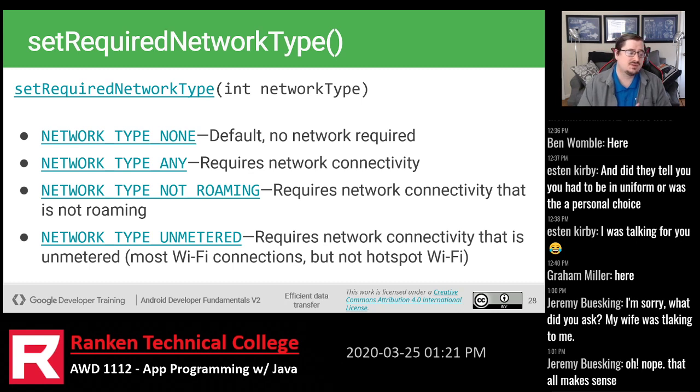Unmetered is typically a Wi-Fi connection, but more specifically, it means a Wi-Fi connection that isn't charged or billed. It's not billed per usage. So that would be your home Wi-Fi network, but not a hotspot Wi-Fi. If you're running off a hotspot, that's not an unmetered connection because you're still being billed for usage.